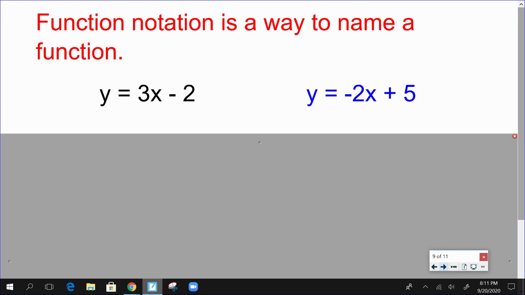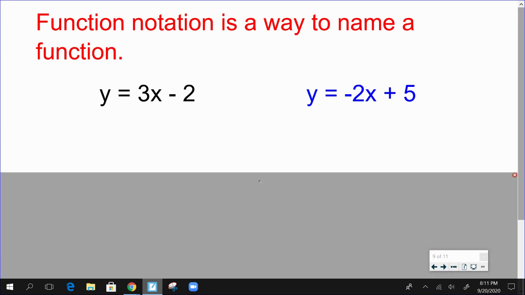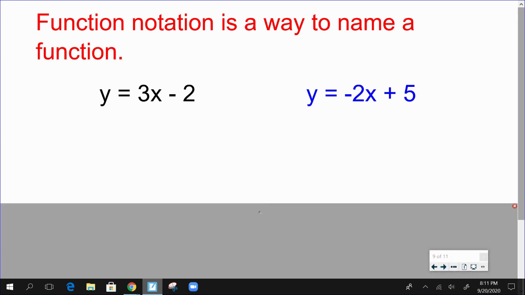Now, the last thing that we're going to cover is how to change something from an equation to function notation. And honestly, just a very beginning understanding of this is all that I do is I change it from y equals to f of x equals 3x minus 2.